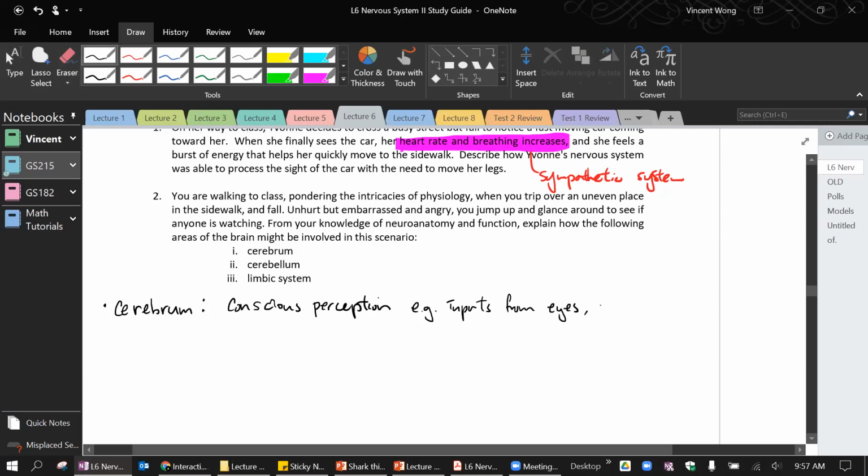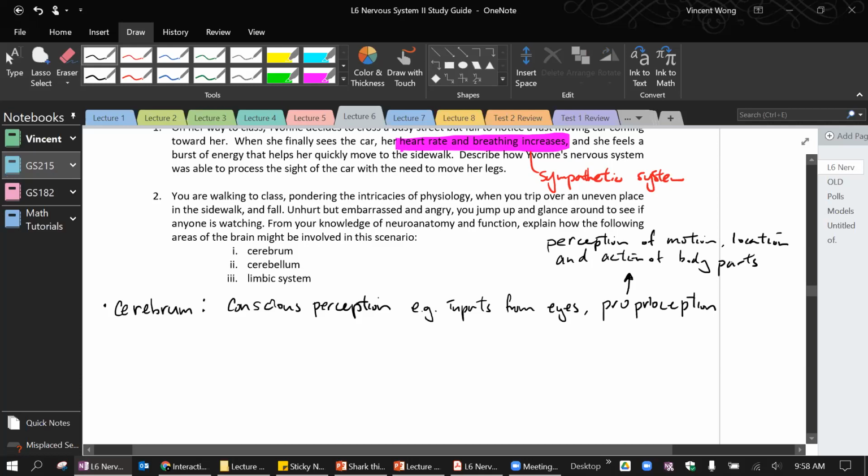Okay. There is something called proprioception, which is basically the perception of motion, location, and the action of body parts.